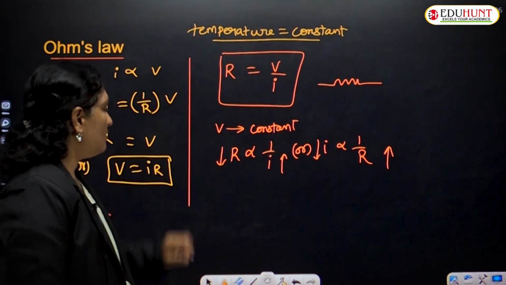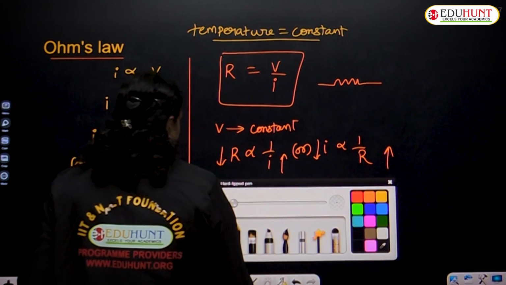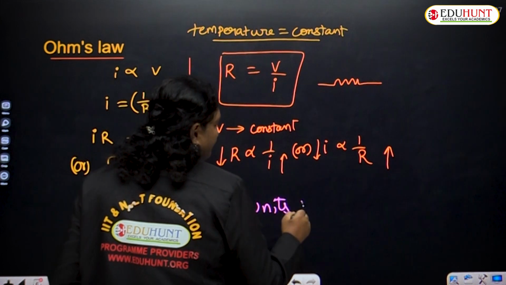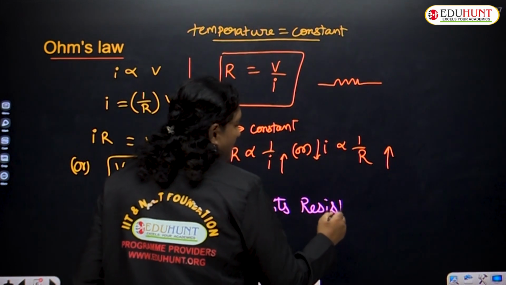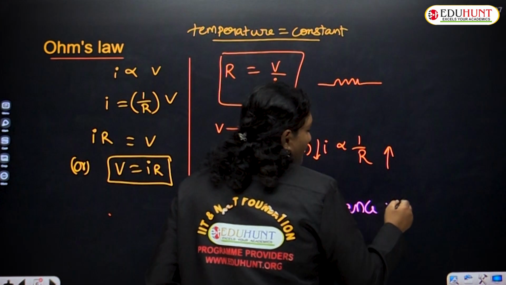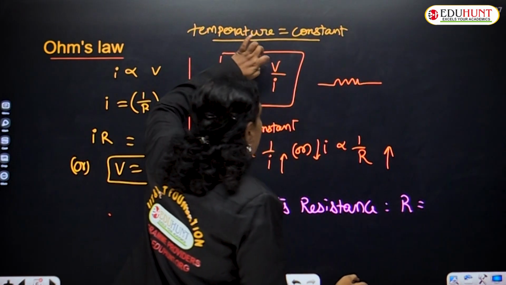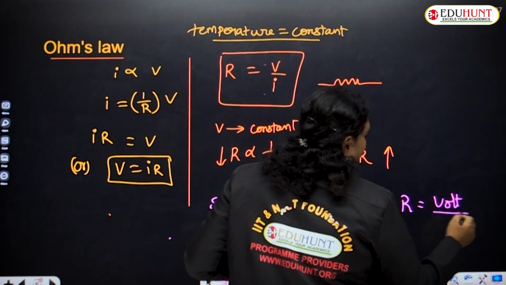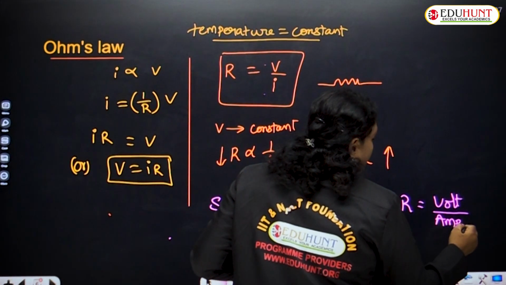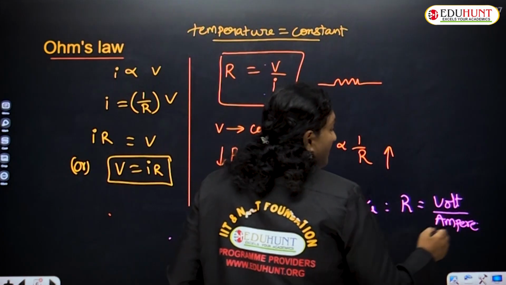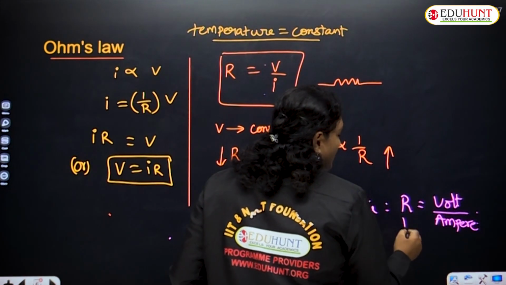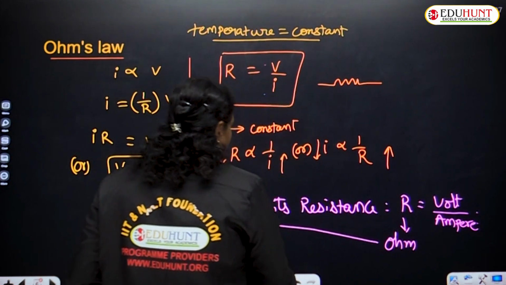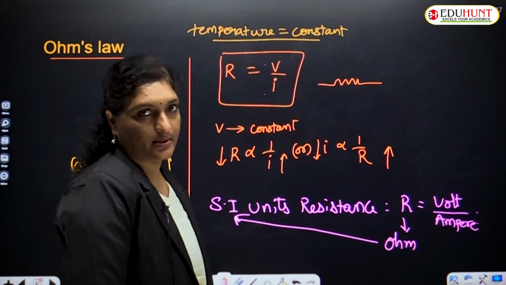So the SI unit of resistance, R, is measured in volt per ampere. And this volt per ampere is also called ohm. So ohm is the SI unit of resistance.